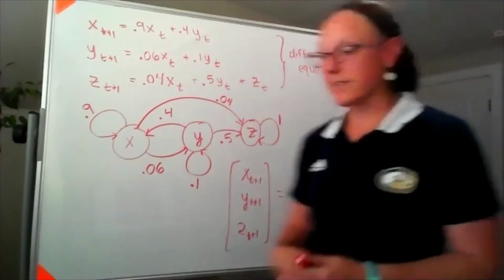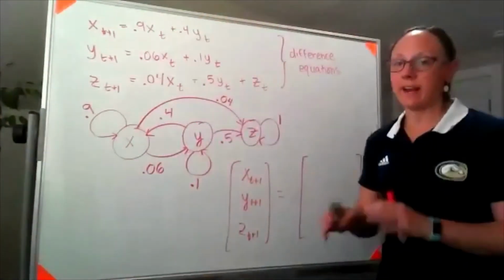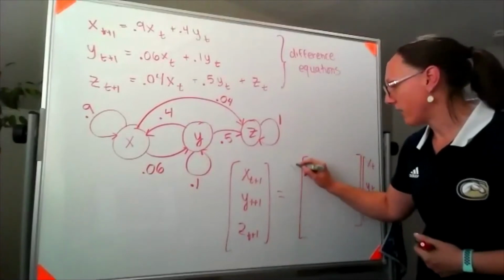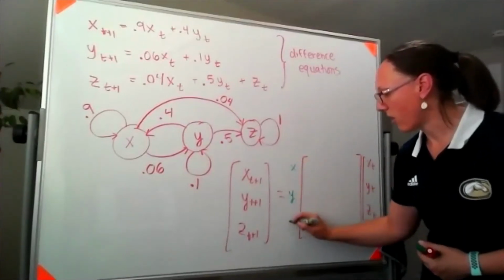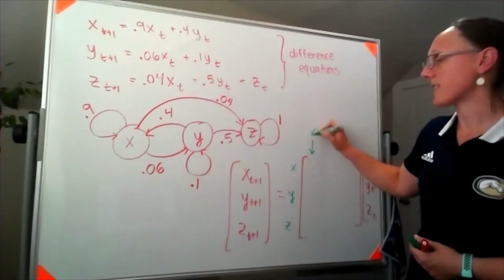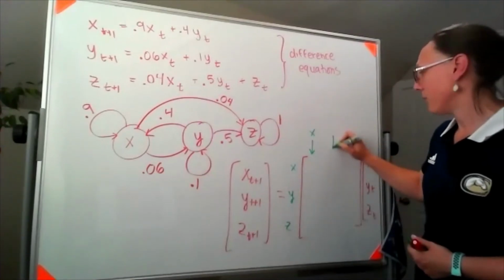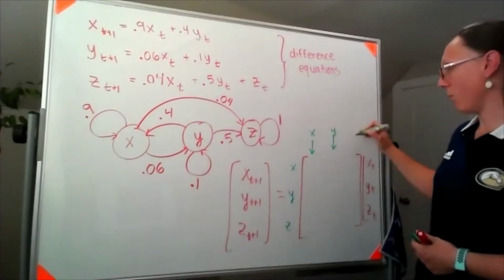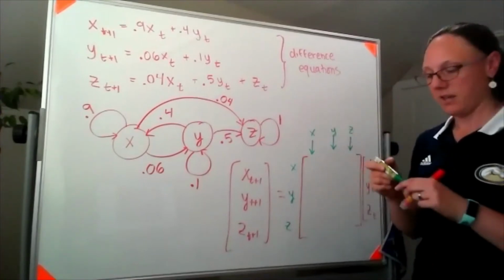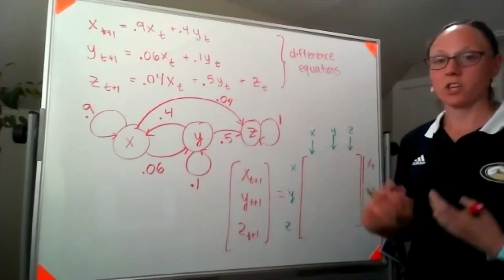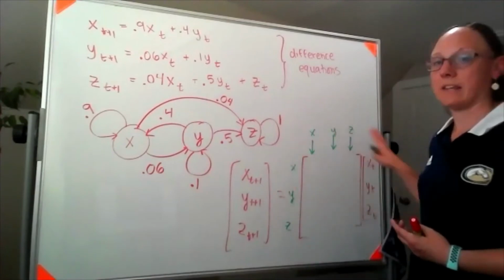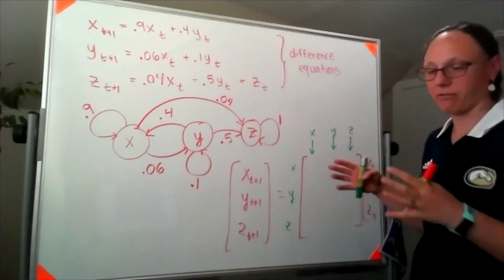Now I'm going to write something in that I usually write, and I'm only writing this for myself. So I know that these rows are my x, y's, and z's, and I know that first column is what's coming from x, my second column is what's coming from y, my third column is what's coming from z. And I just write those as cues to myself. After I've filled in my matrix, I'm going to erase my self notes there.